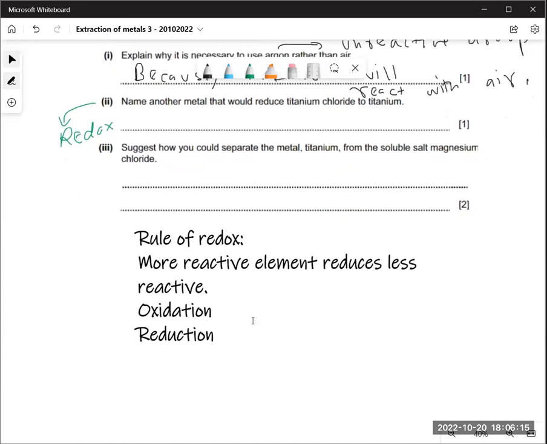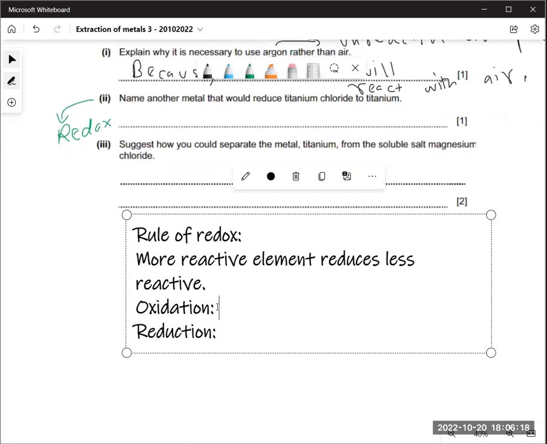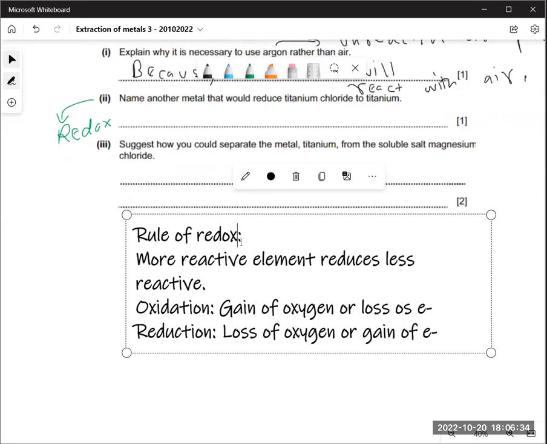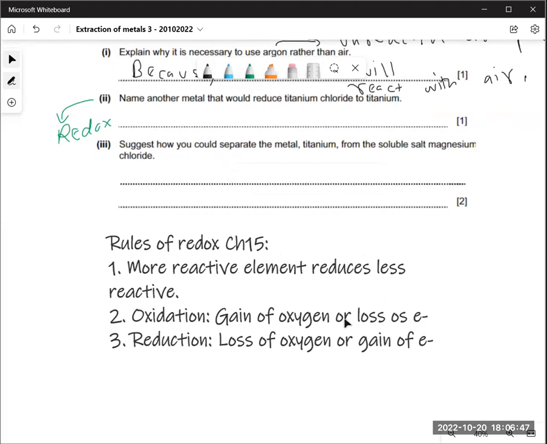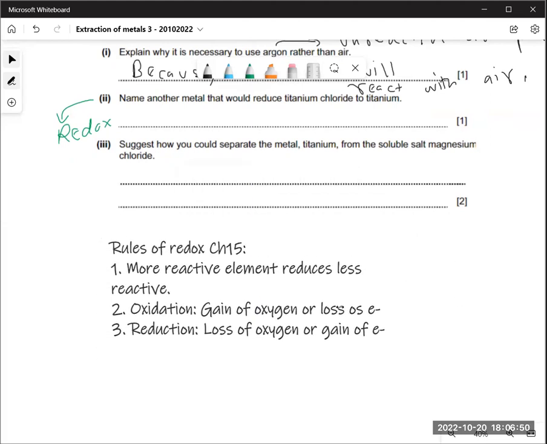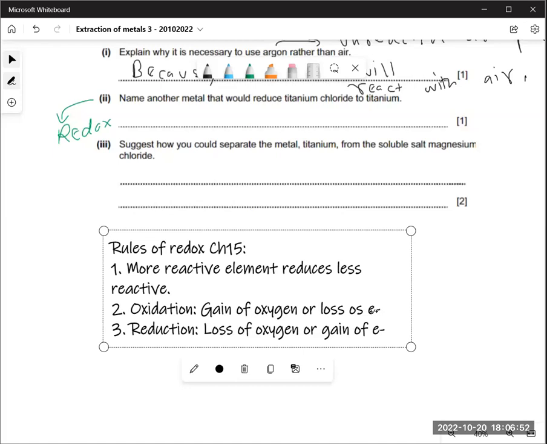Quickly write this, tell me when you're done. Oxidation is gain of oxygen or loss of electrons. Reduction is loss of oxygen or gain of electrons. Finished? Done, sir.